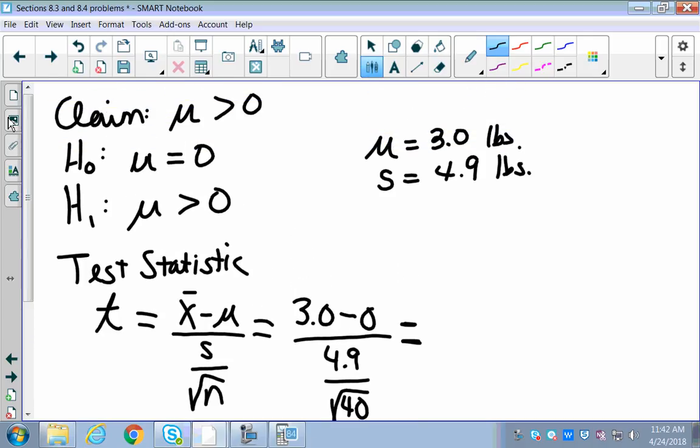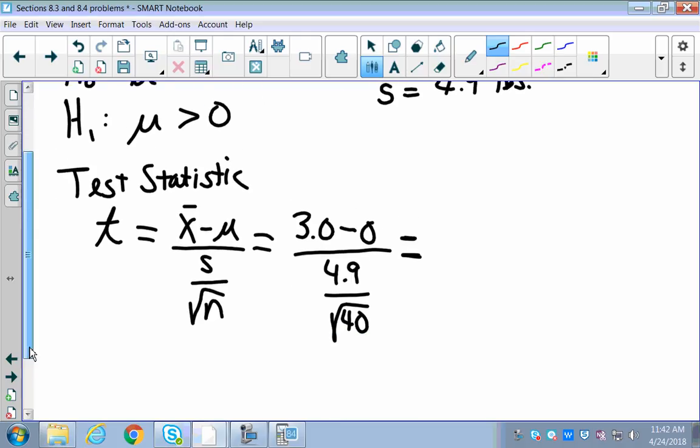I forget what we're testing at, an alpha of 0.01. Yes. What do you get for your t?